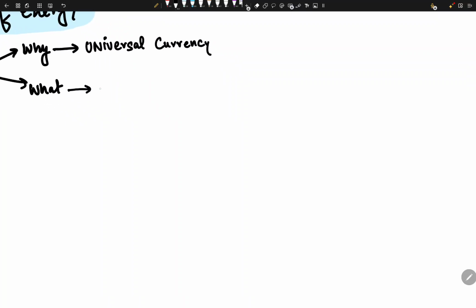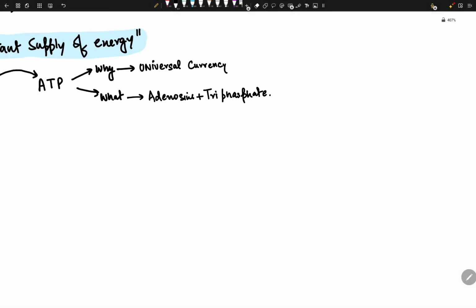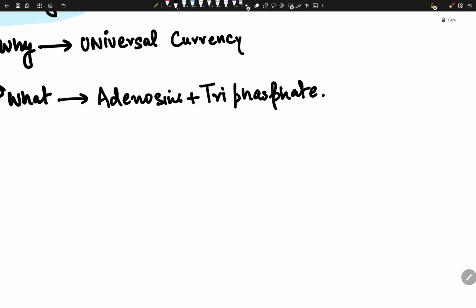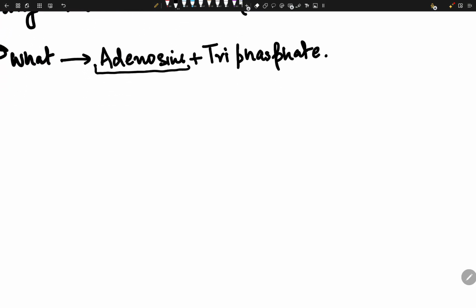Now, the second question is, what is ATP then? ATP stands for adenosine triphosphate. Now we have two words here, adenosine plus triphosphate. What is adenosine then? Adenosine is made up of adenine, the same thing that is used in your DNA, plus ribose sugar.